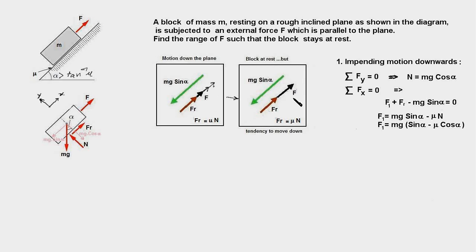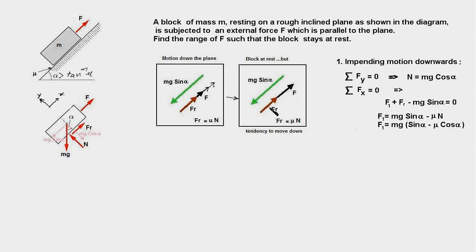So as we kept increasing the force from a small value to larger values, this is the first point at which the block has come into equilibrium. So now this frictional force is the static friction and is at its maximum level, and the block we could say is on the verge of motion or impending motion, because if we lower the external force, that is decrease the magnitude of the force a little bit, the block will slide down.